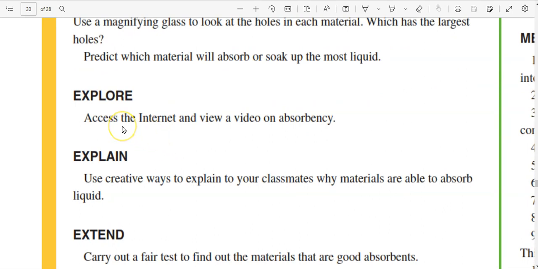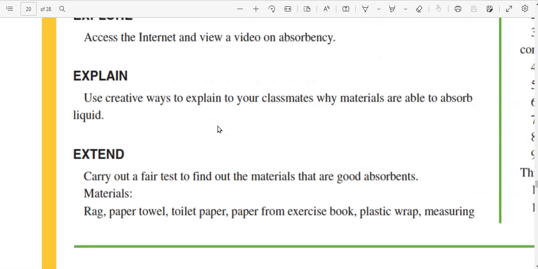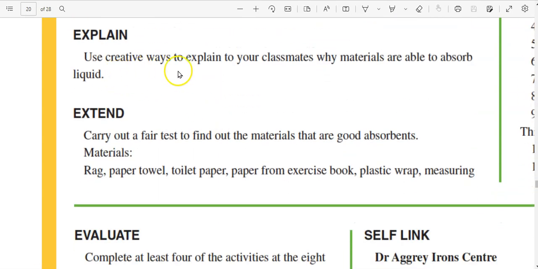Explore. Access the internet and view a video on absorbency. Explain. Use creative ways to explain to your classmates why materials are able to absorb liquid. Extend. Carry out a fair test to find out the materials that are good absorbents.